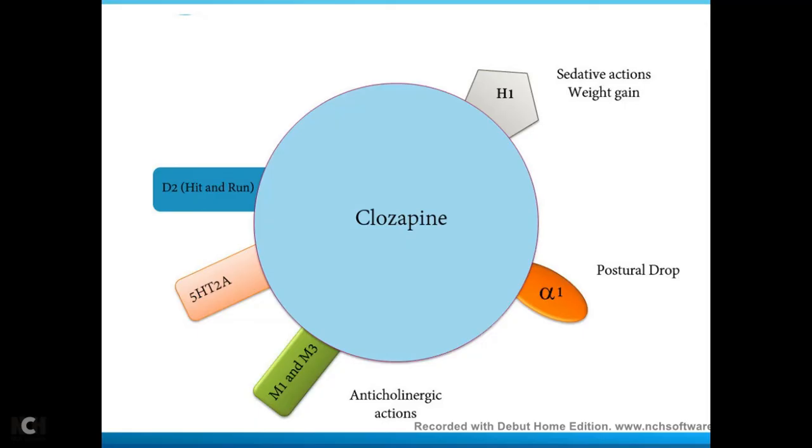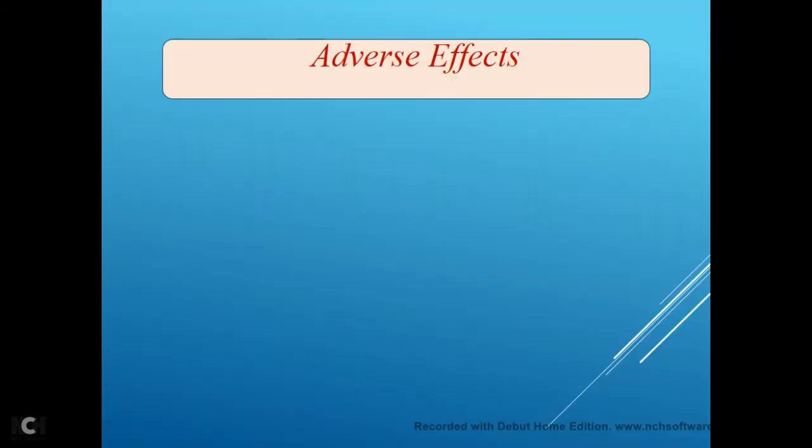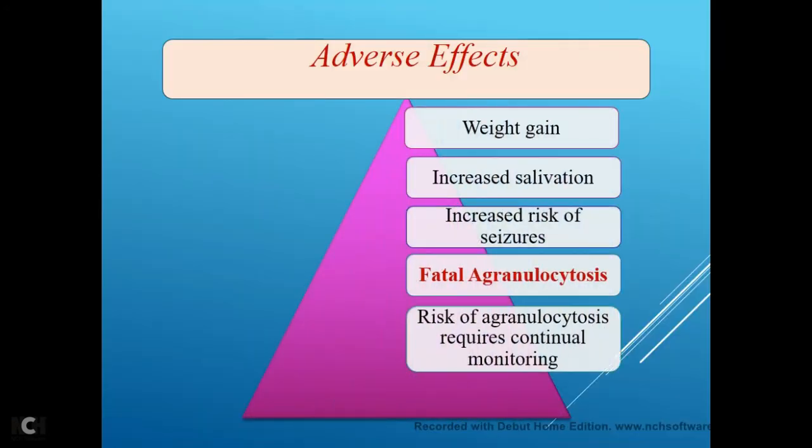This figure shows the receptor sensitivity of clozapine. Adverse effects of clozapine are weight gain, increased salivation, increased risk of seizure, and fatal agranulocytosis. The risk of agranulocytosis requires continuous monitoring.